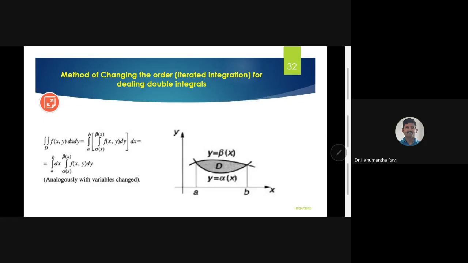So here is the idea. See here, we have the double integral of f of x y dx dy. This is an ideal double integral, how it looks. So here, what we are saying is that first we are doing with respect to y, then followed by x. That is the meaning here. When I write like this, just a minute.